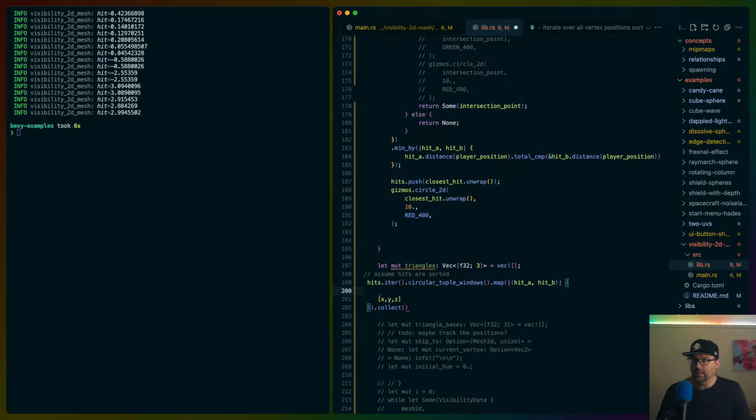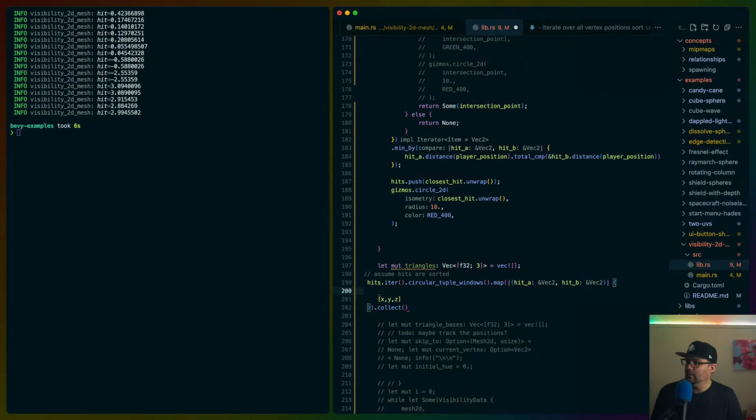This is going to be, I think, player, hit A, hit B. Player, B, A is actually the way that the triangle is going to get built. And we have 2 vec2s, so we need a... Why is this a vec of... Oh, this is a vec of 3-dimensional points.